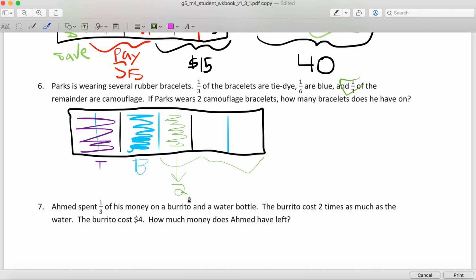Remember that these were equal parts. So this is 2, this is 2, and this is 2. But each part is 1. So that means that there were 10 bracelets.